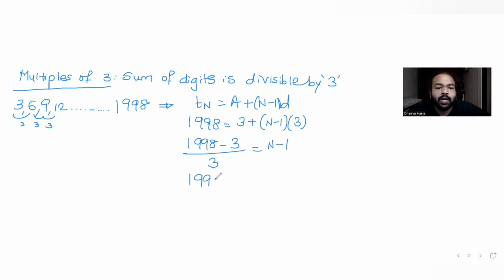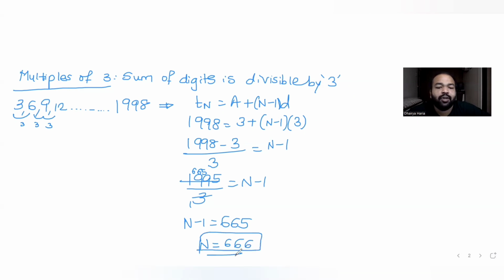That is 1995 upon 3 equals n minus 1. 3 6s are 18, 19, again 3 6s are 18, 15, and 3 5s are 15, so 665. So I have 1 plus 665, so 666 multiples of 3 from 1 to 2000, right?